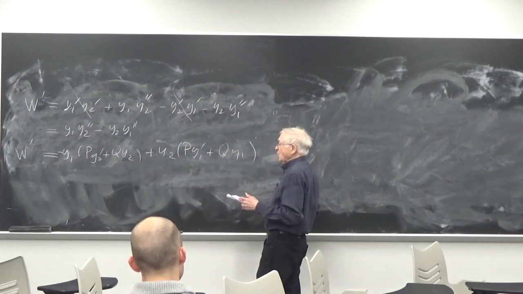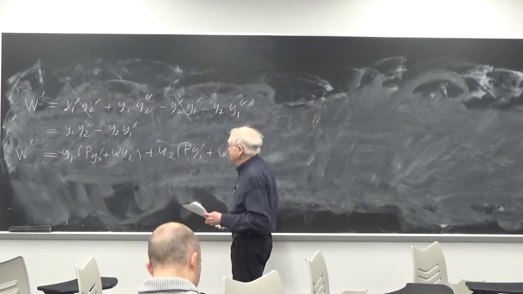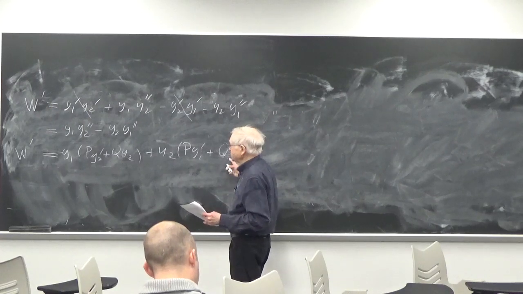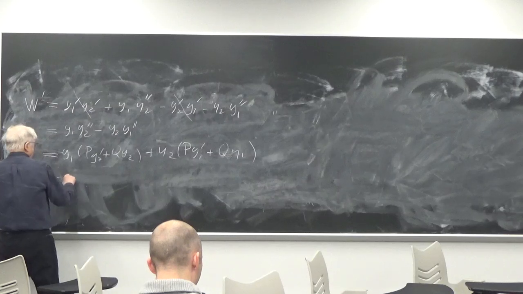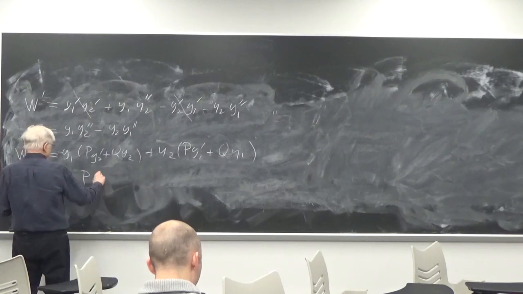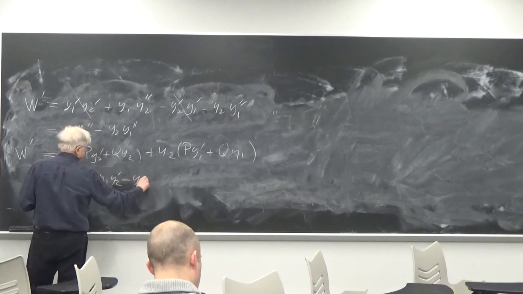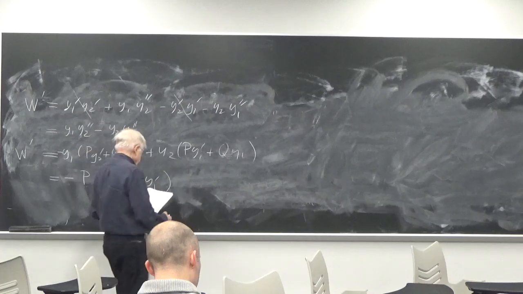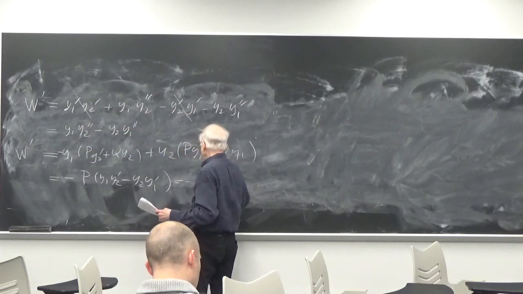So we get this equation for the Wronskian, and once again we get a cancellation, namely the Q terms cancel, and so what we get is minus P times Y1 Y2 prime minus Y2 Y1 prime. But that's just the Wronskian. So in other words, it's equal to minus P W.